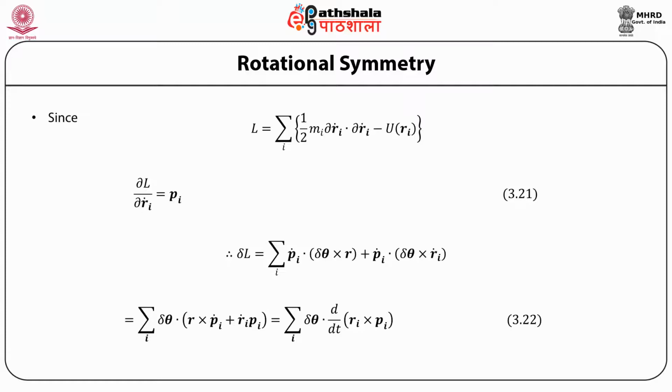Then δL can be cast in the form δL is equal to sigma over i, δθ · d/dt of (rᵢ × pᵢ).